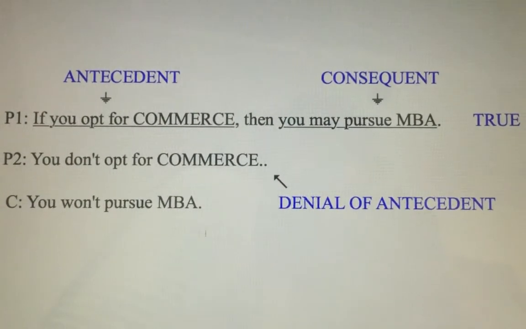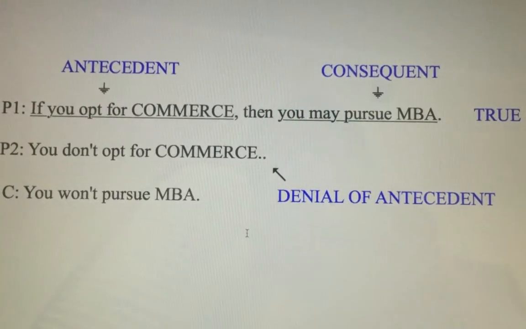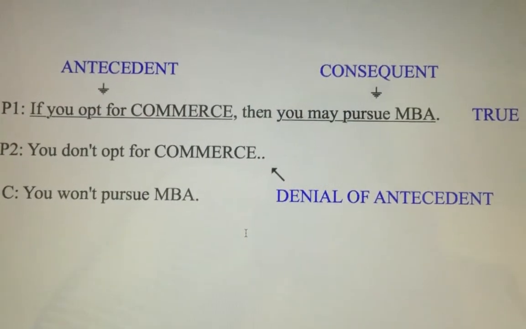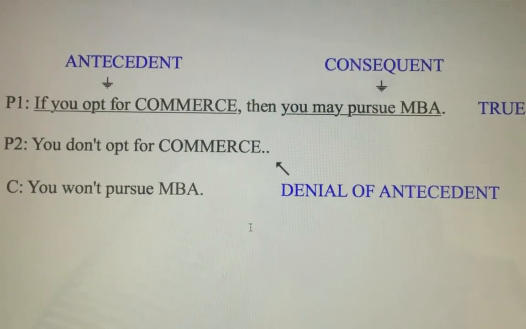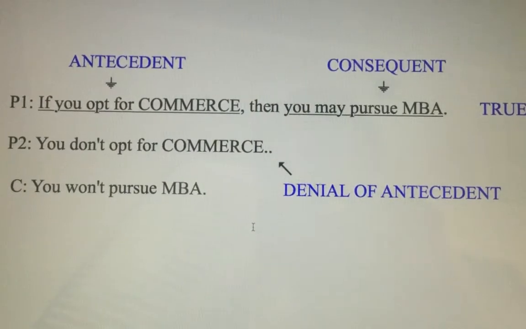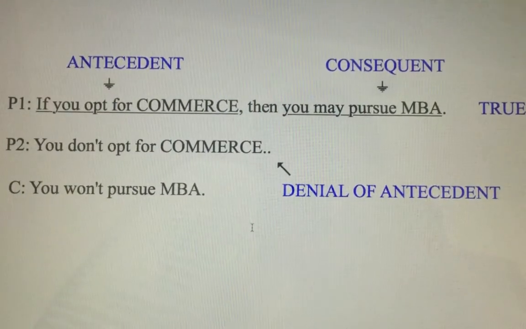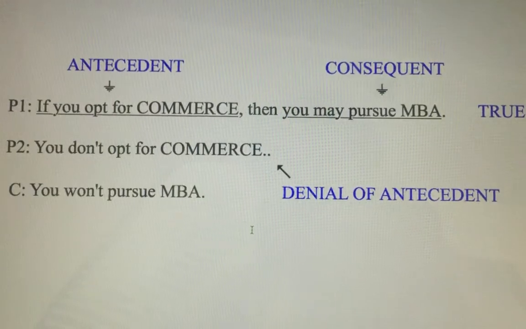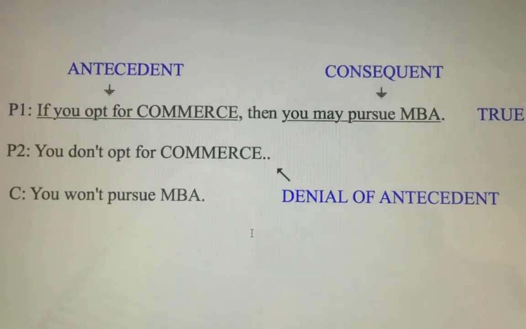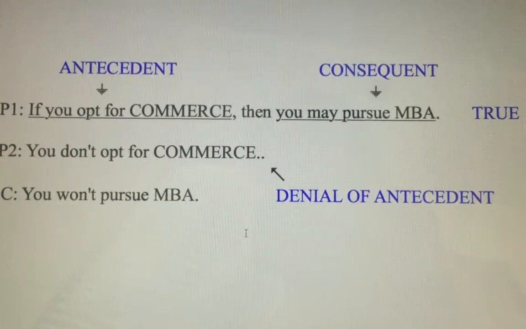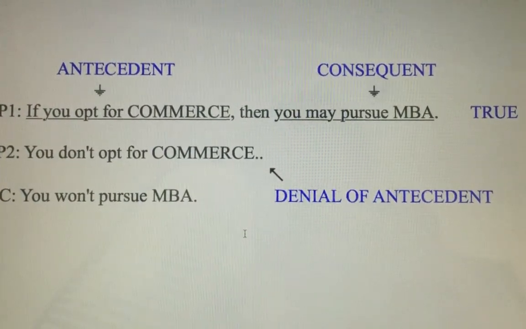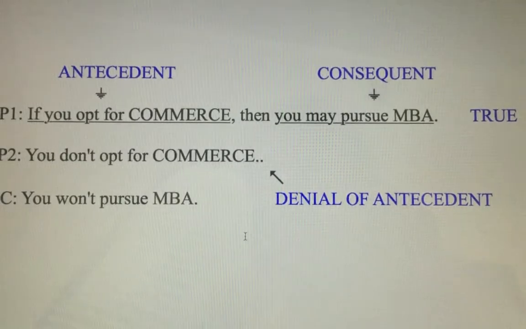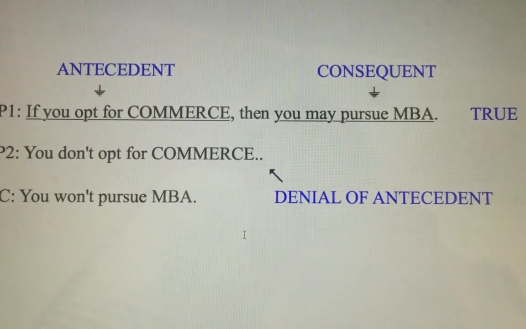Hence, this argument is invalid, and according to the denying the antecedent fallacy, the argument should be invalid. Hence, this example is suitable. A conditional could validly be used to argue for the truth of its consequent. We find this in the argument form called modus ponens.